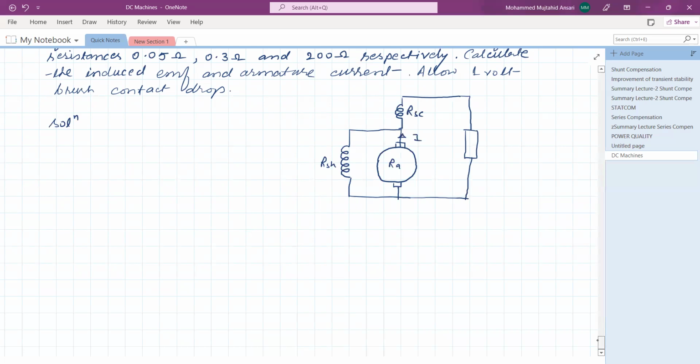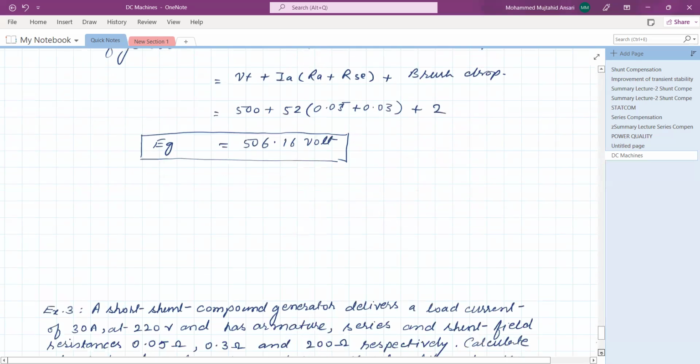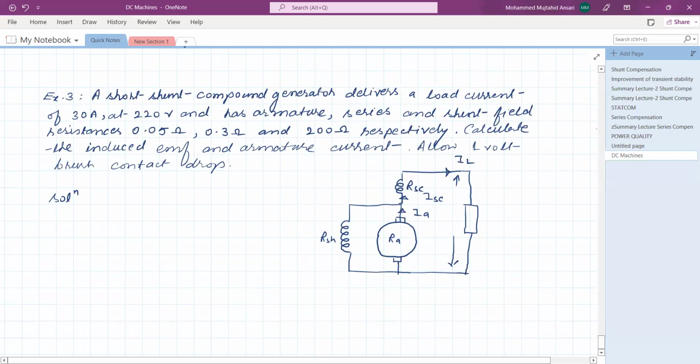This current is IA, and this current is ISE, the same as the load current because RSE is in series. The voltage across the terminal is given as 220 volt. This is 200 ohm, and this is the shunt field current ISH.